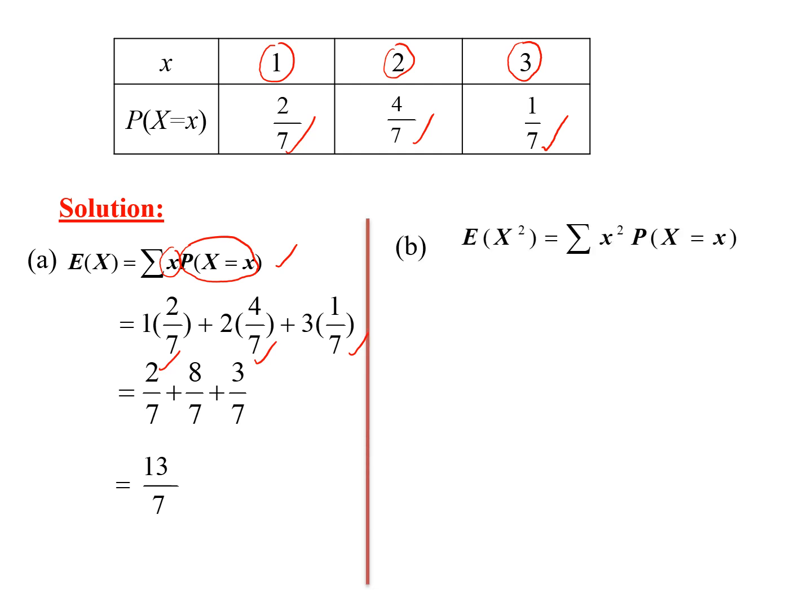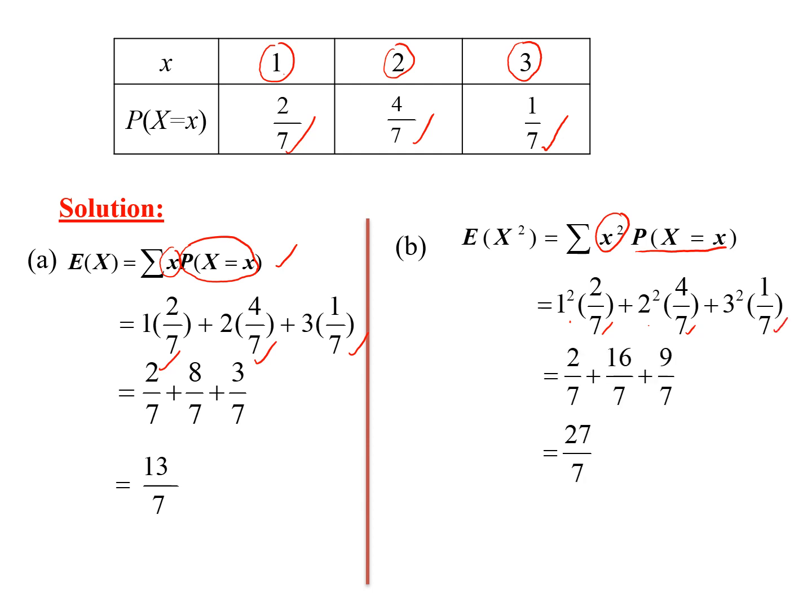Okay, for part B, we are going to find E(X squared). The formula is the summation of x squared times the probability. We take the x, then we square it: 1 squared times the probability, 2 squared times the probability, 3 squared times the probability 1 over 7. Then our calculation will give us the answer 27 over 7.